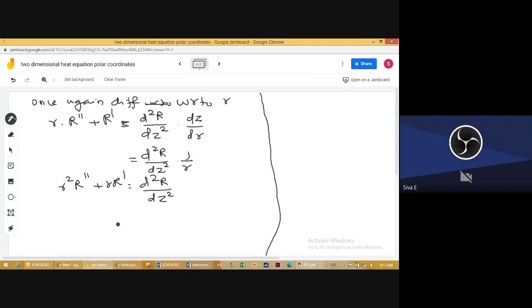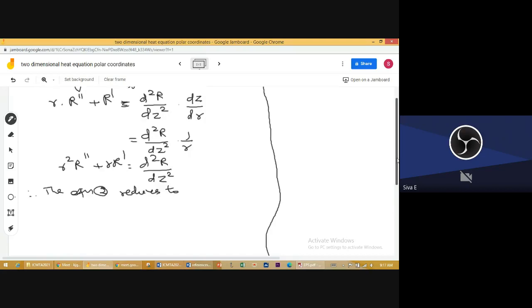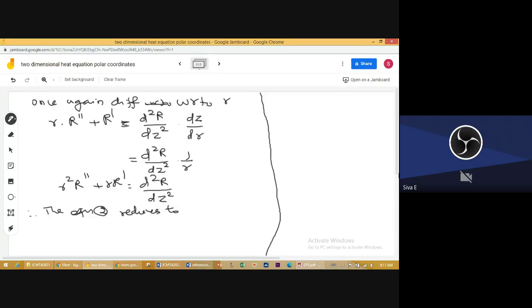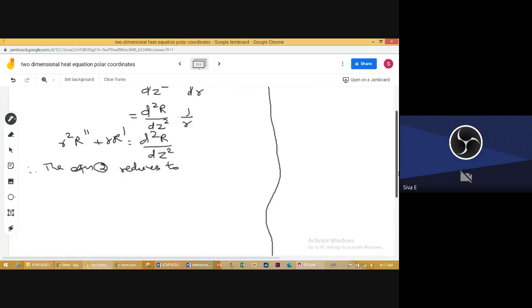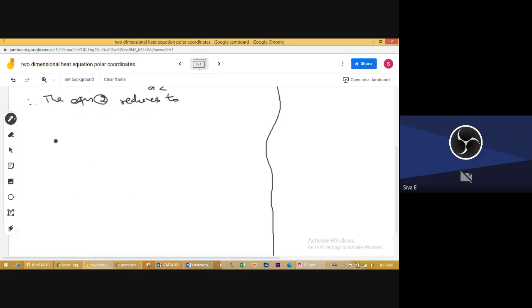So the equation reduces to d square r by dz square minus a r equal to 0.